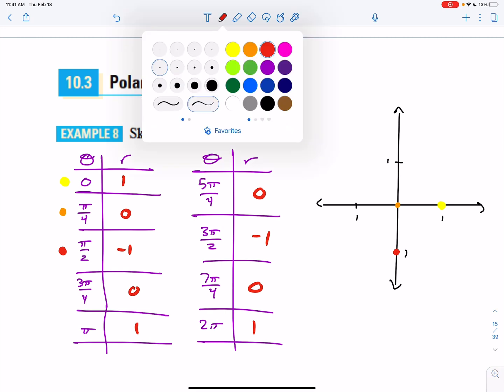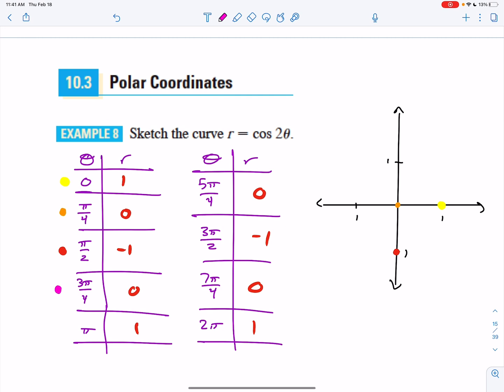Okay? 3 pi over 4 is in quadrant 2 because it's 1 less. And since the radius is 0, I'm still back right here at the origin, okay? So you're probably asking what the heck is going on, but just follow my lead here, okay? At pi is at the left on the negative x-axis, and I'm going to stay there because the radius is positive, so I'm right here.